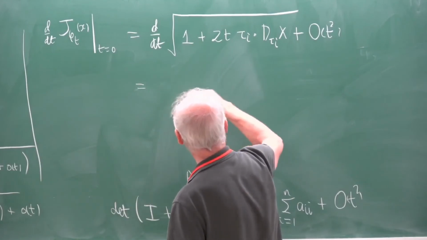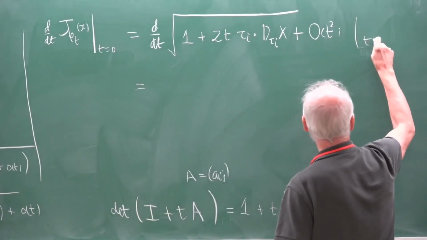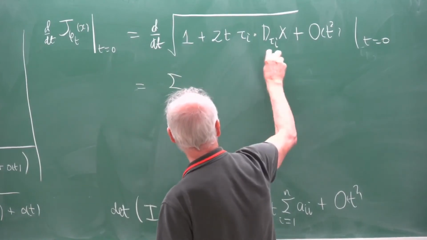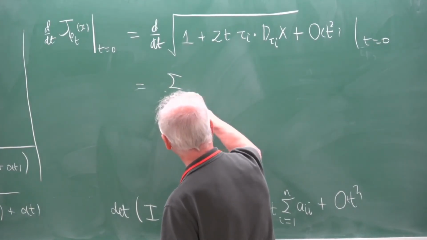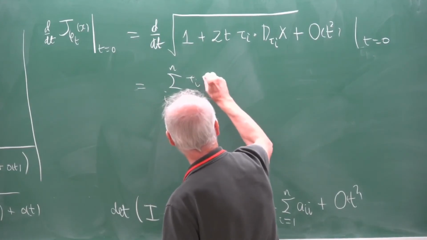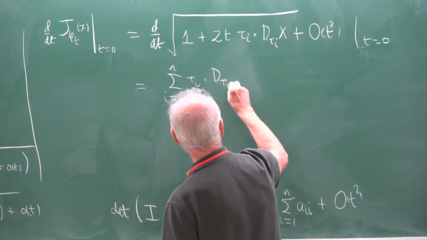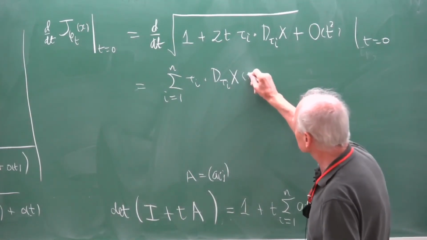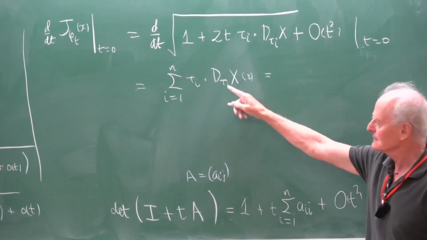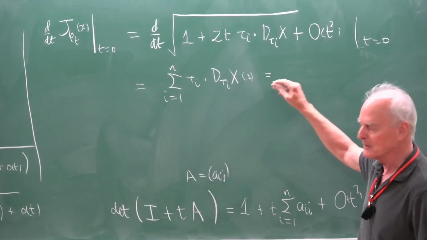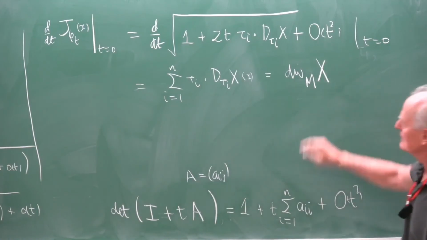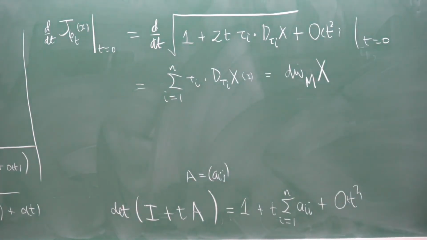And then you set t equal to 0 after you've done the derivative. So you simply get this guy, the sum i equals 1 up to n of tau_i dotted with d_tau_i tau of x, but at the point x. And you remember that's exactly our definition of div sub M. That's the tangential divergence. That's great. So we get the tangential divergence.